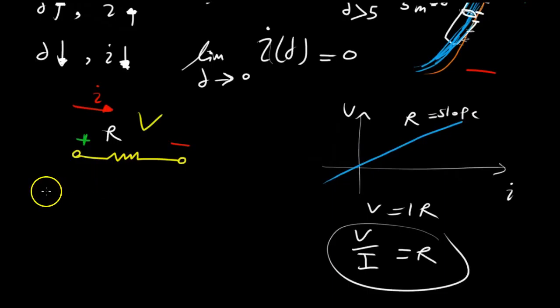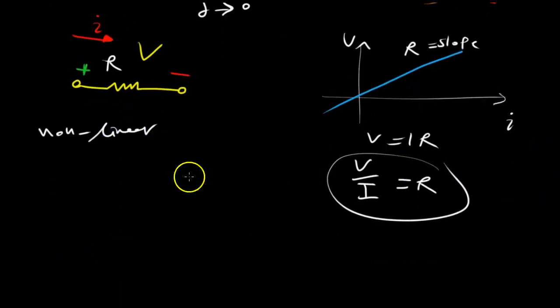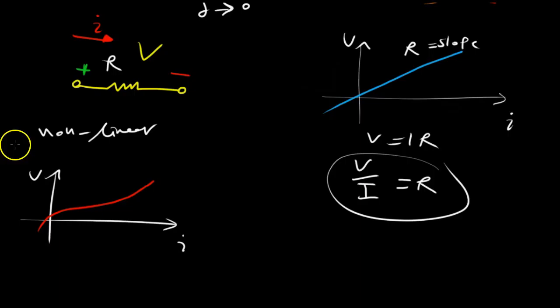But in the real world, there are resistors called nonlinear resistors, which look something like this. Their voltage-current characteristic is going to look something like this, just a curve. One example would be a light bulb, where the resistance varies depending on the temperature, and again the slope is the resistance.